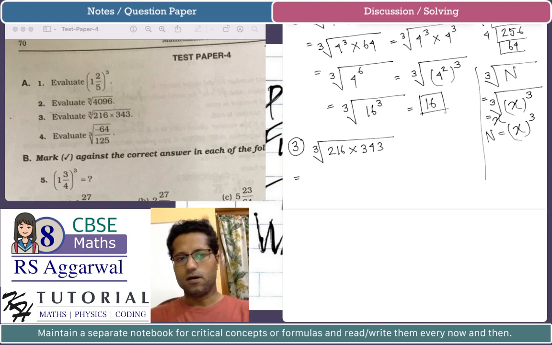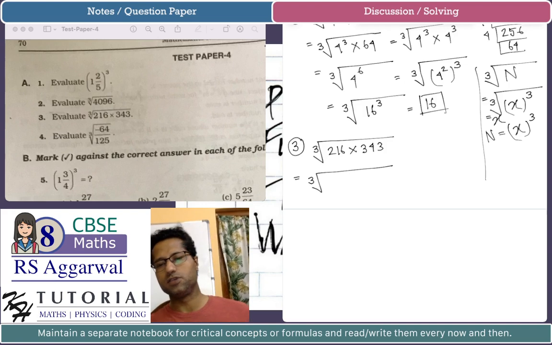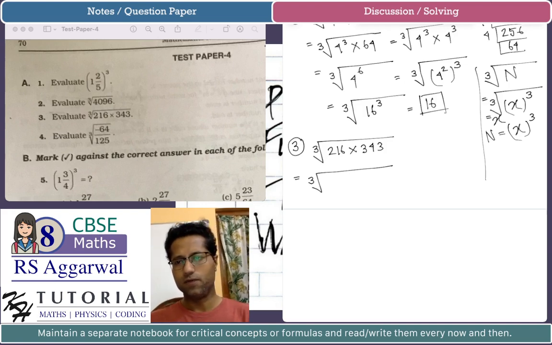I will try to express the term inside the cube root as an exponential term with the power 3. It could be one term or it could be multiple terms.